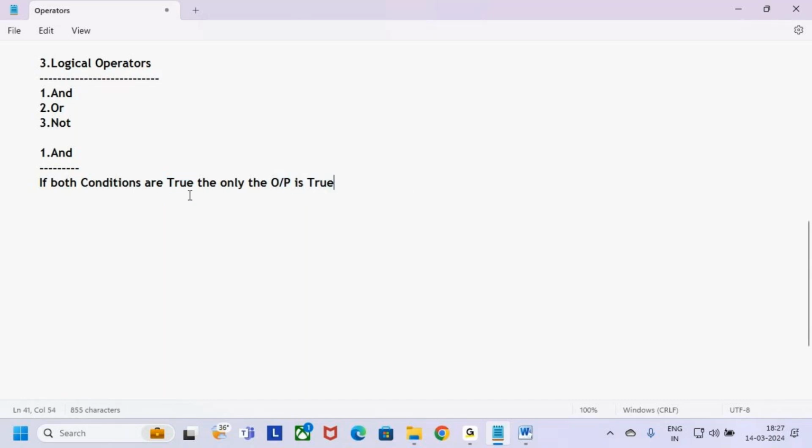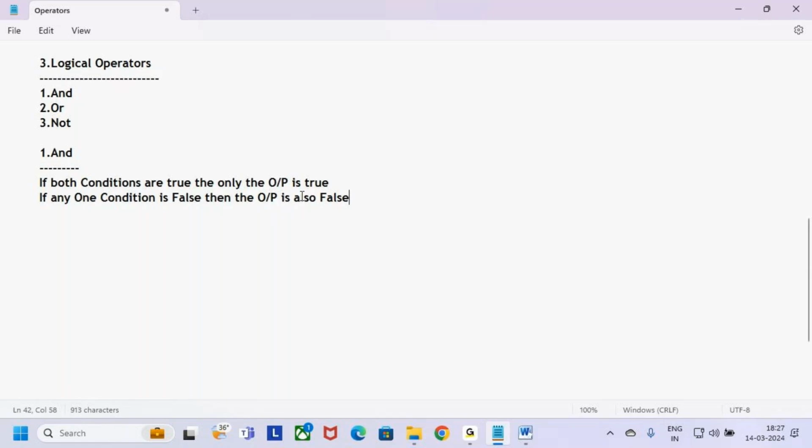Next, when the output is false in the AND operator: if any one condition is false, then the output is also false.